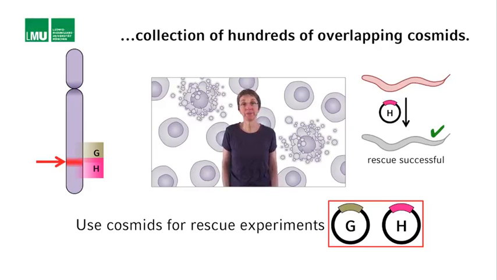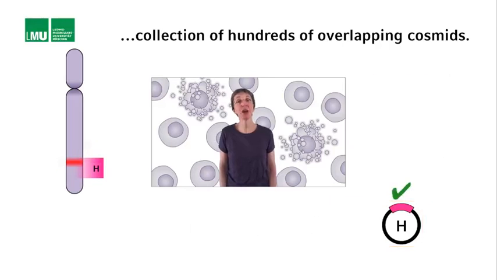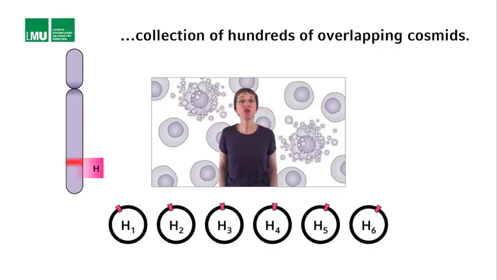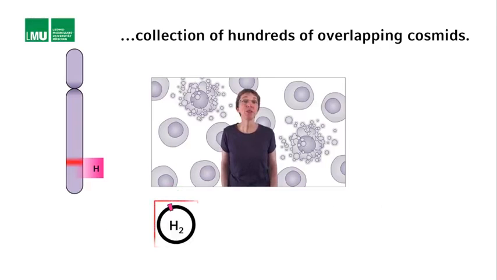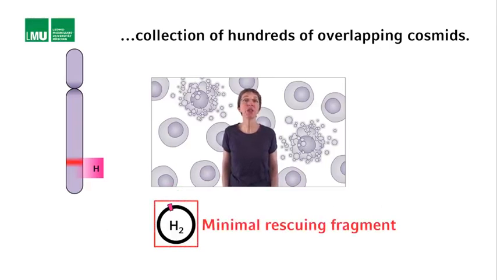Once a cosmid was identified, subclones of this cosmid were generated containing shorter and shorter DNA fragments to identify the minimal rescuing fragment, which then was sequenced to determine what transcription units were potentially located in that fragment. If a transcription unit or gene could be identified that way, it was then sequenced in the mutant strain to identify the molecular lesion caused by the mutation.